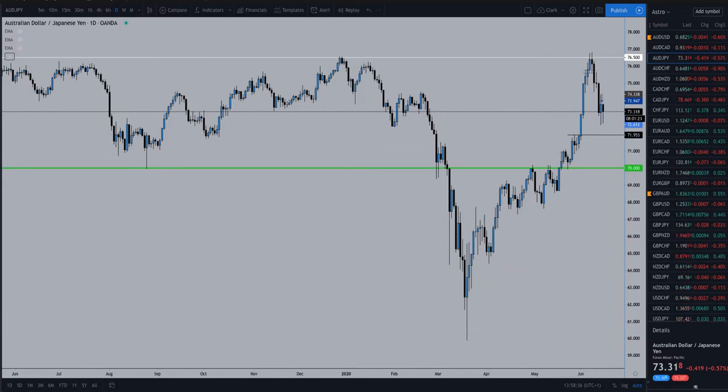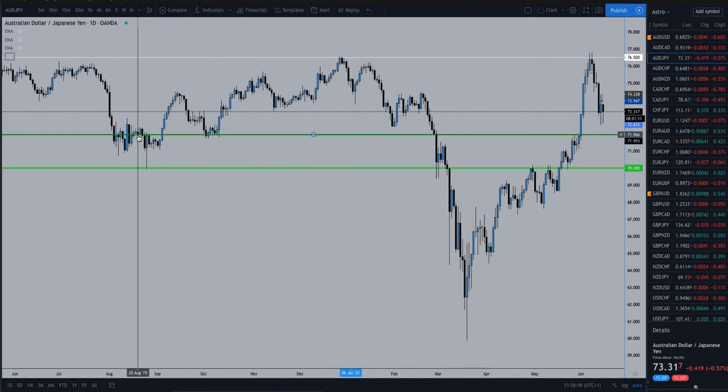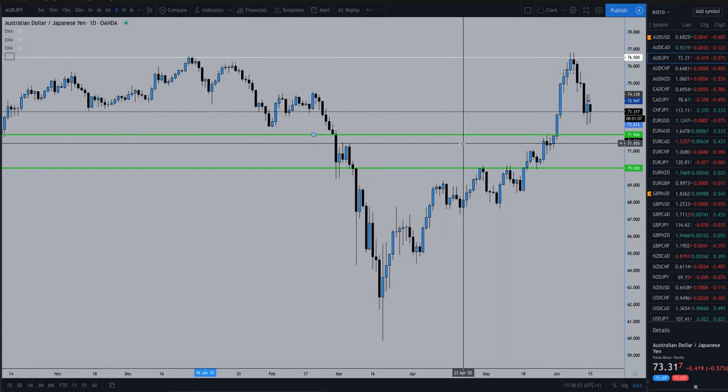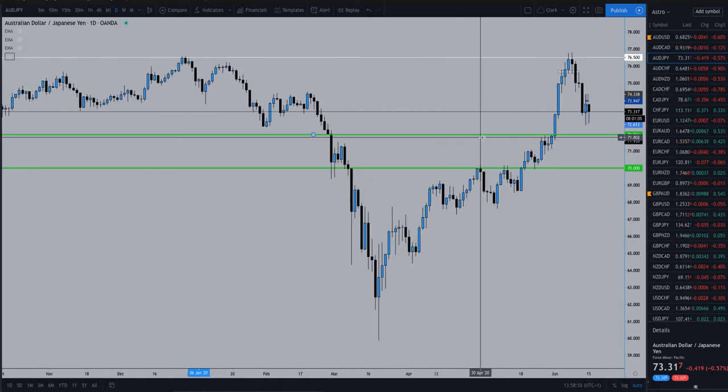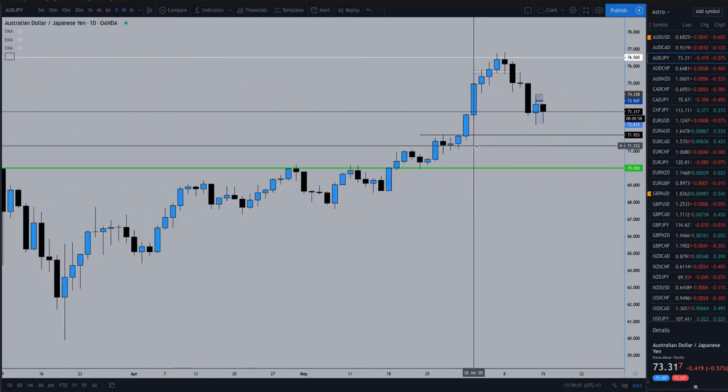So, you know, it's more recent for one. We have resistance, we have support, we have resistance. To be honest though, this one does look better as far as how many touches and yada yada.